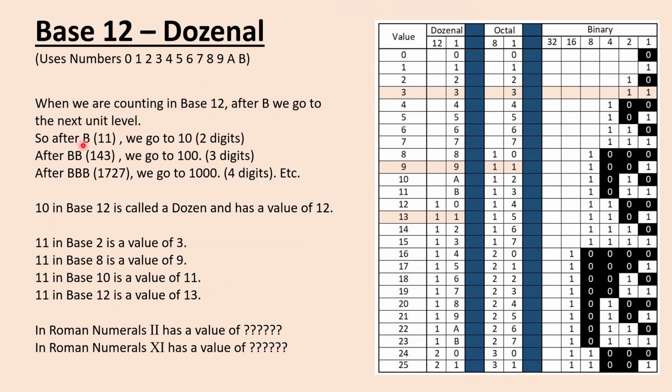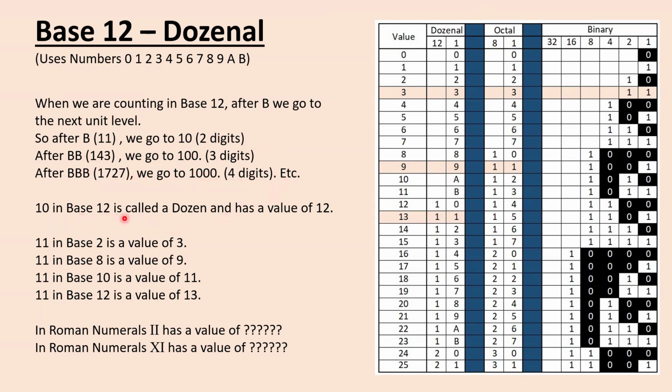So after B, which in decimal is a value of 11, we then go to 1, 0, which is 2 digits. After BB, value in decimal 143, we go to 1, 0, 0, 3 digits. And after BBB, we go to 1, 0, 0, 0, 4 digits.